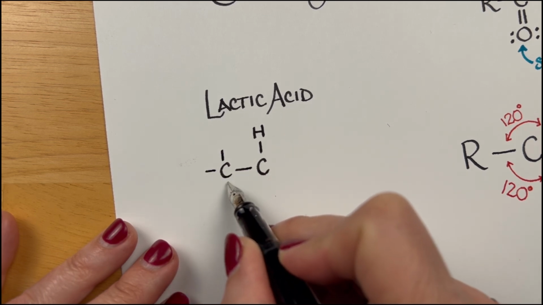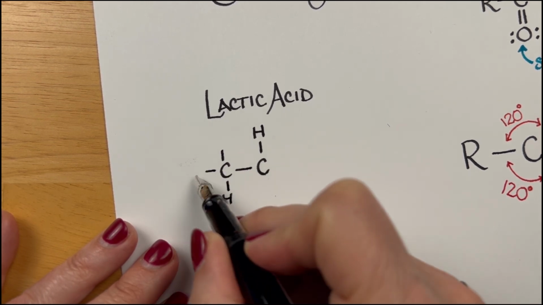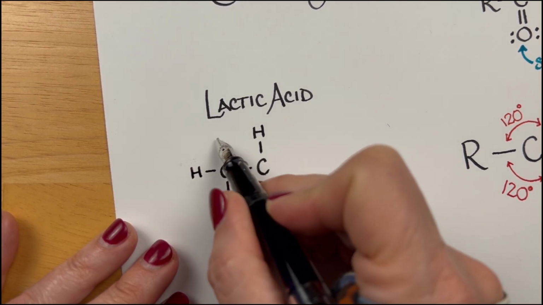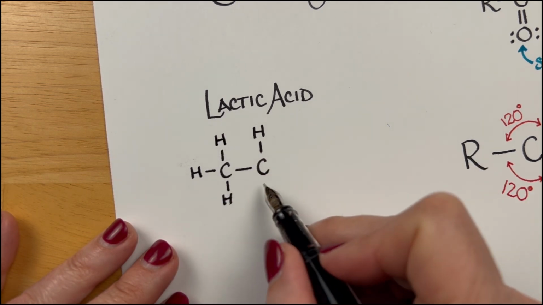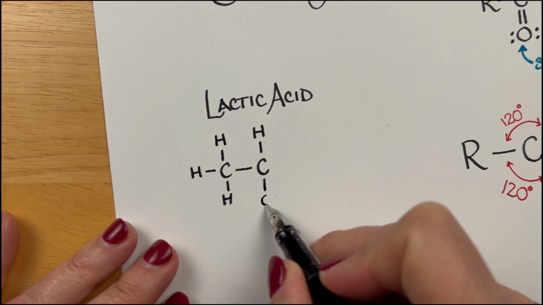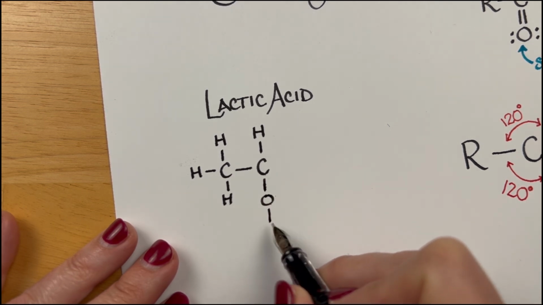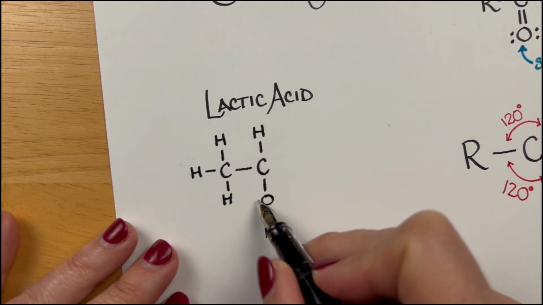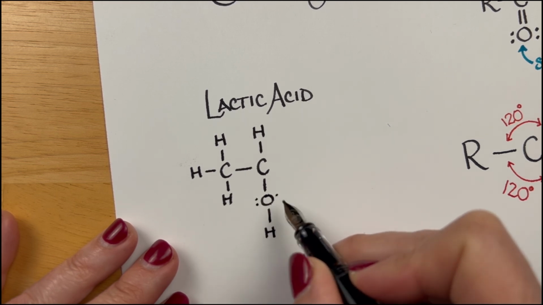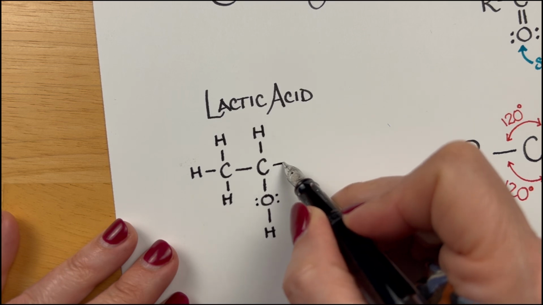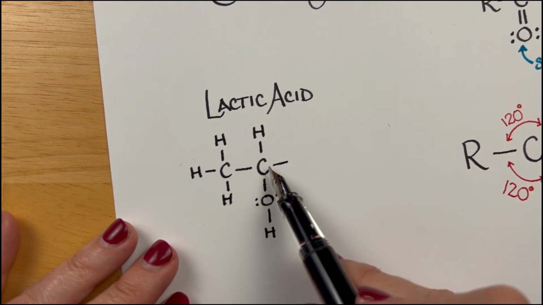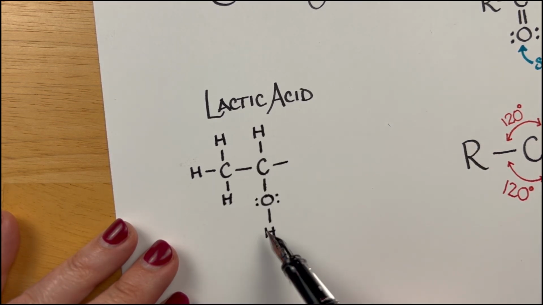And you'll see why it's a little bit tedious drawing out all the atoms when we are drawing out the structure. So this is more of a Lewis dot kind of structure, where this whole part here is the R group.